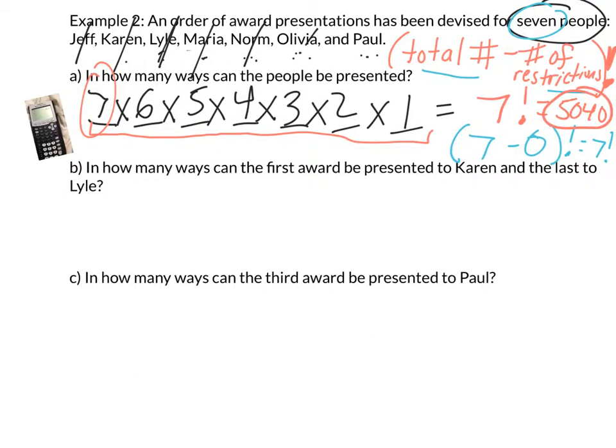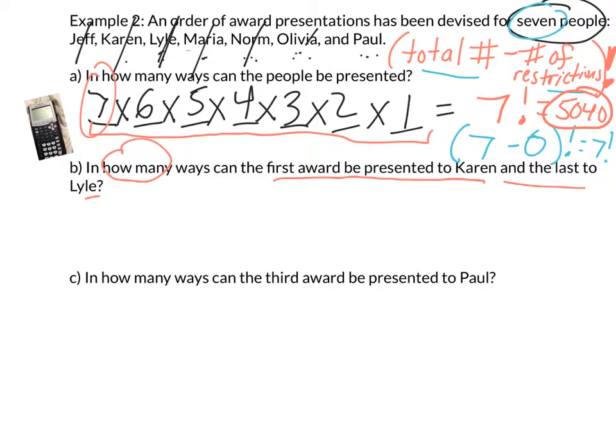Okay, taking a look at B, it says, in how many ways can the first award be presented to Karen and the last to Lyle? So again, you have two options. It's up to you how you want to get the right answer. You could draw the underlines and multiply the total options.